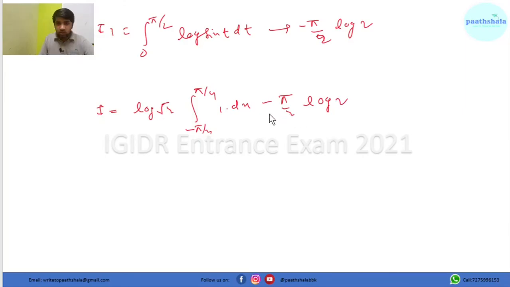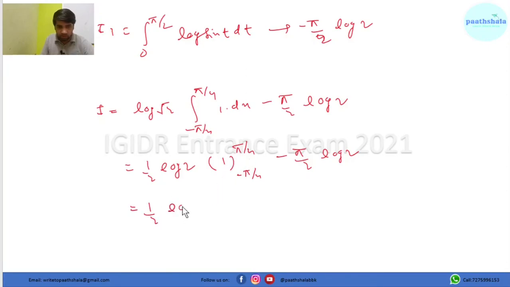So after solving this, we get half log 2 and the integral of 1, with the limit varying from minus pi by 4 to pi by 4, minus pi by 2 log 2. So when you put the limits, this will become half log 2 and this will become pi by 4 plus pi by 4 in a bracket, minus pi by 2 log 2.